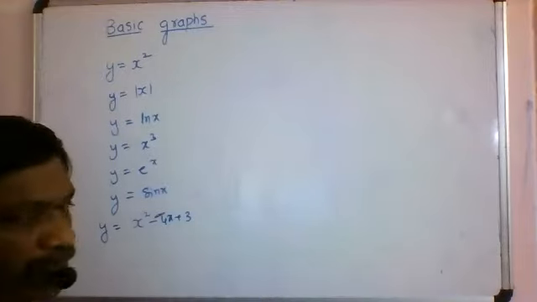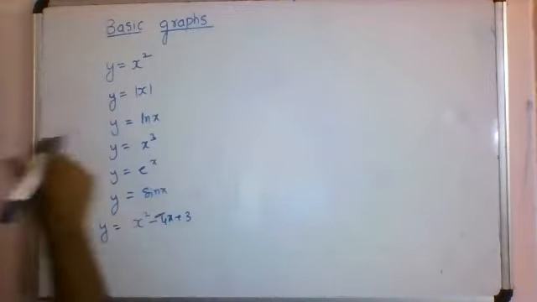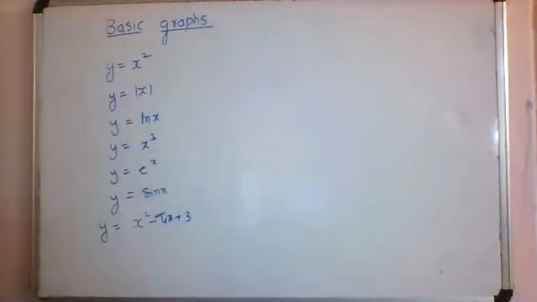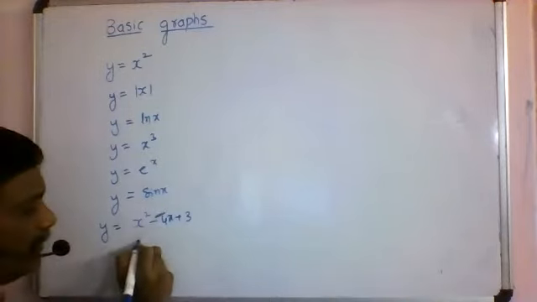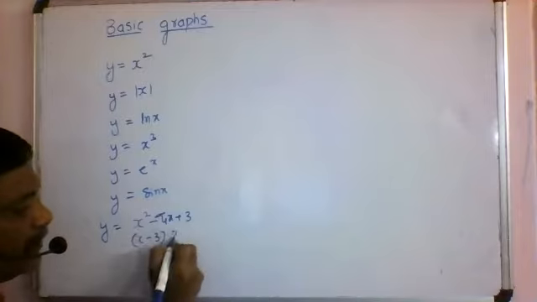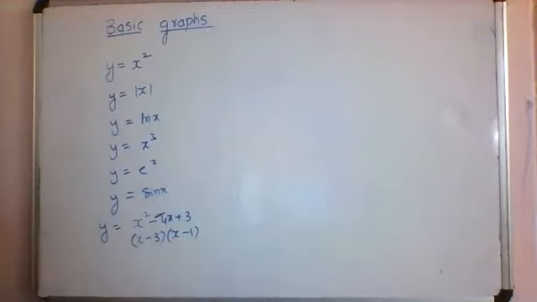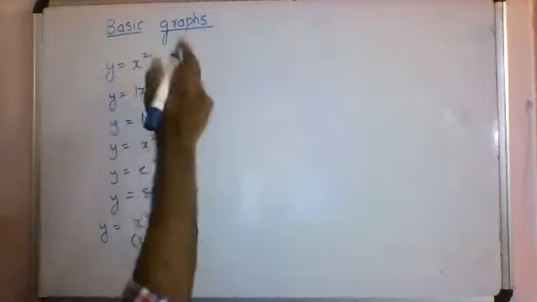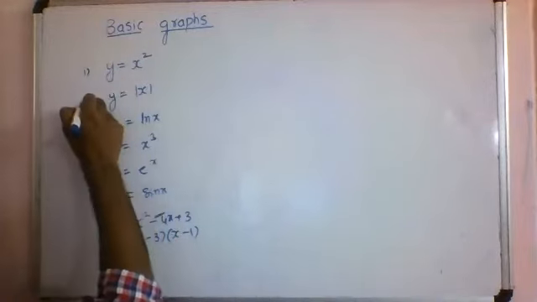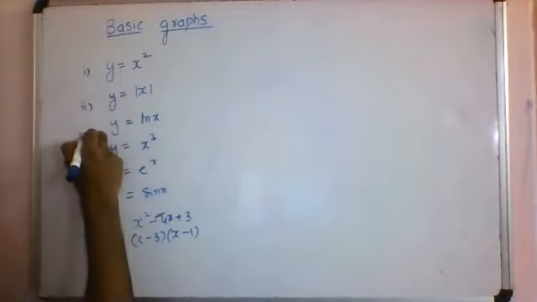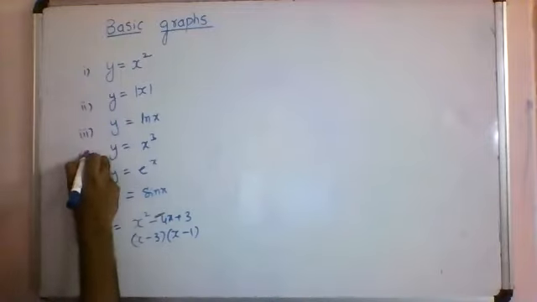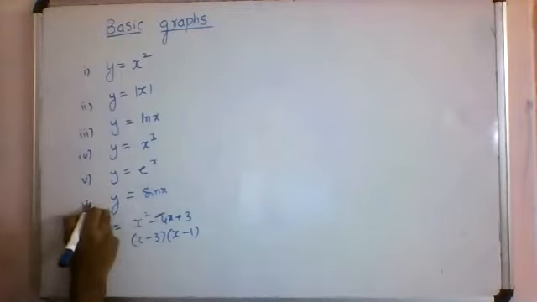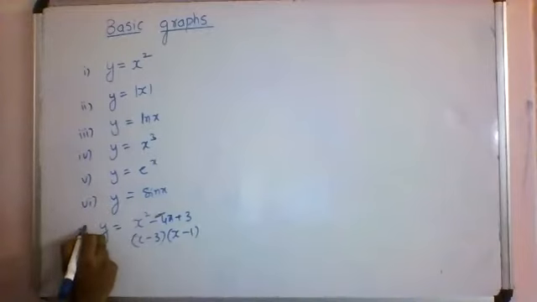You at least know the structure of each and every function here. And of course here the factors are x minus 3 and x minus 1, and these factors are important for us. Now look at each and every diagram. I take this as first, second, third, fourth, fifth, sixth, seventh.